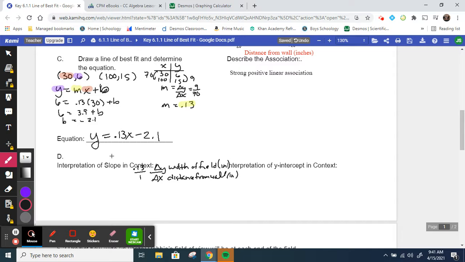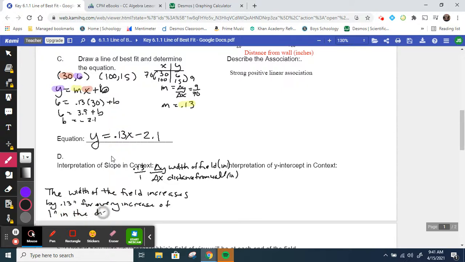Okay, so we can write it a couple different ways, but we could say the width of the field increases by 0.13 inches for every increase of 1 inch in the distance from the wall. So see how I really related it to what the slope was.